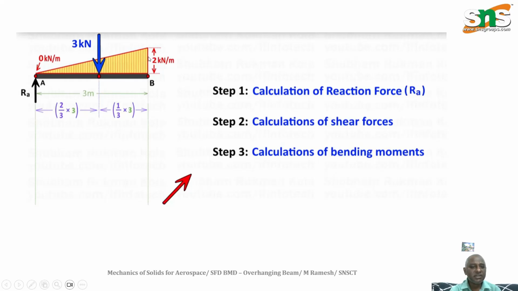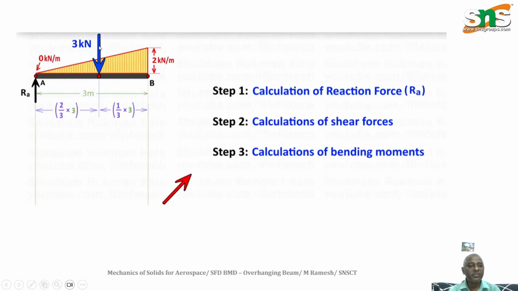Here the maximum level is this end, because the vertical height is higher. From this point it is 1/3 of the base, and the remaining is 2/3 of the base. Here the base is 3 meter, so 1/3 into 3 or 2/3 into 3. So finally this is 1 meter and this is 2 meter. So the total point load is located 2 meter from A or 1 meter from B.